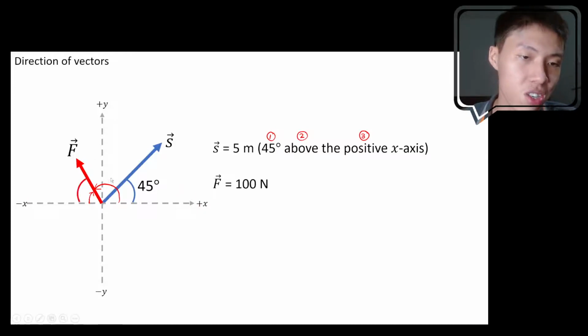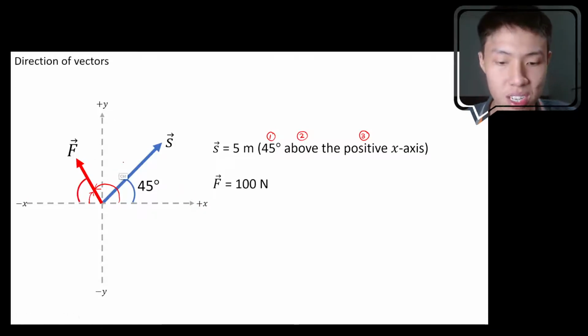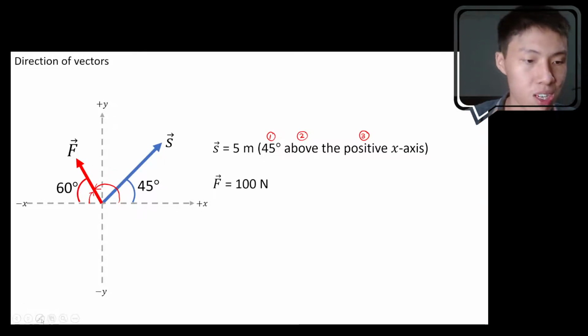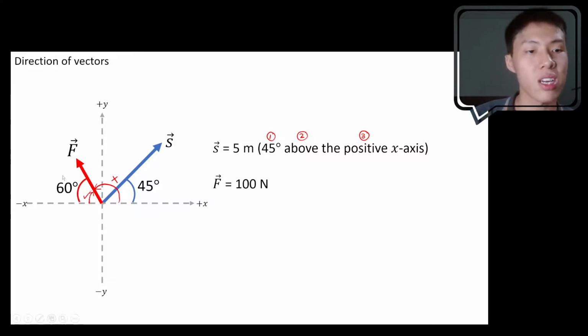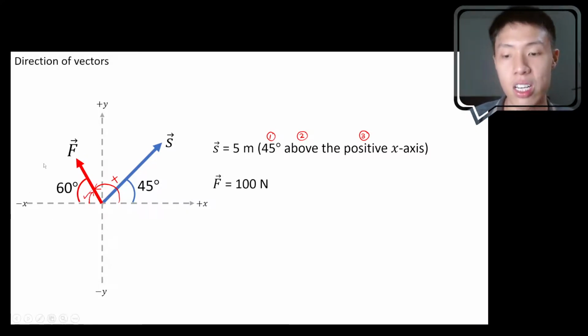So we are not measuring this, we are just measuring this one. We measure it and it appears to be 60 degree. So we can write down our angle is 60 degree. Now that has fulfilled our first part.